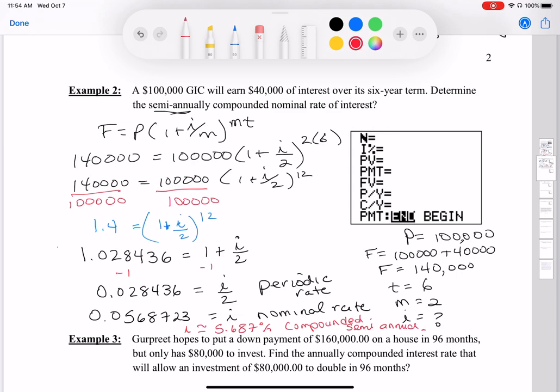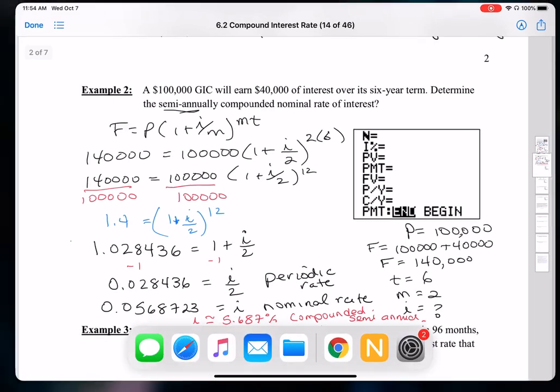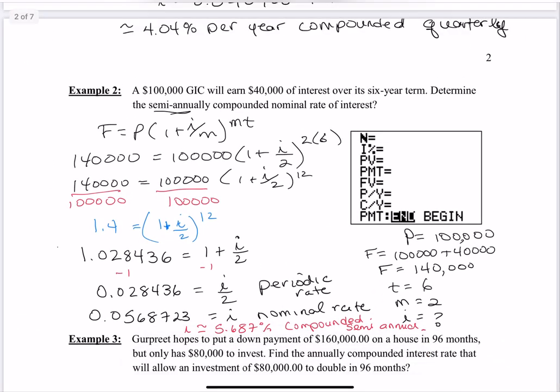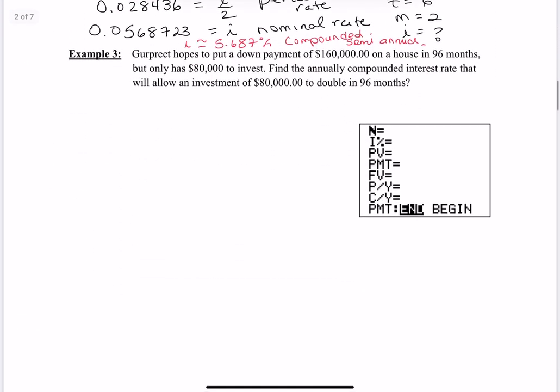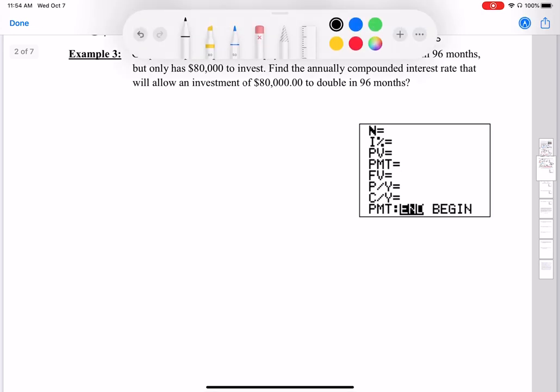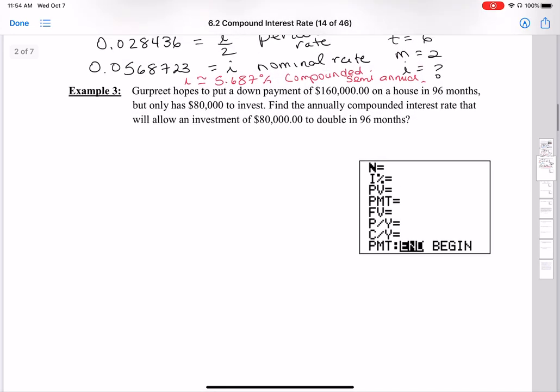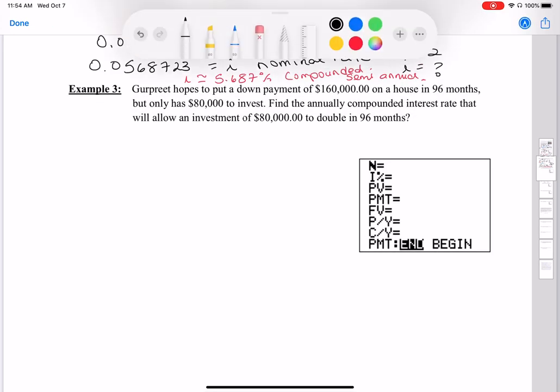All right. I would like you to please try the next one on your own, but before you get going, it's a little bit different, so I'll set you up. And then I'm going to let you try the algebra on your own. Let's read the question.